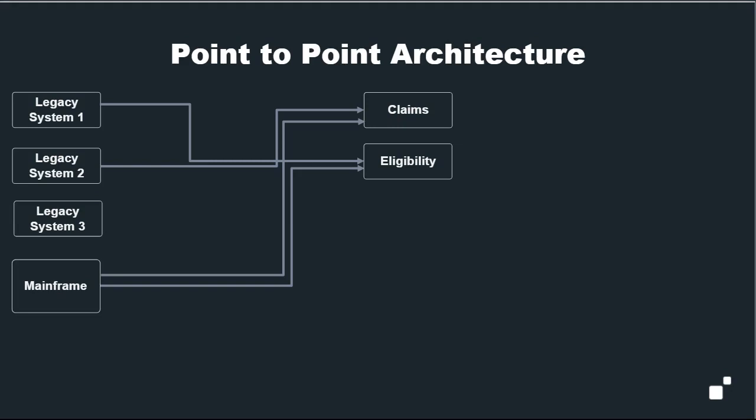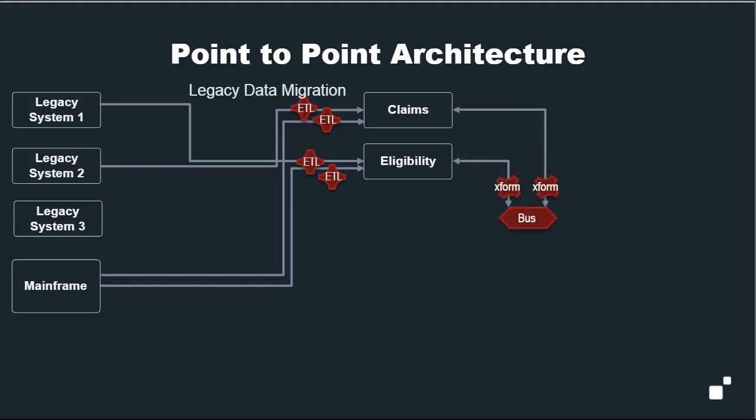Now, in a data world, our world that we're doing with a few people is focused on how the data moves to do this. So one way to go, and like I said, we don't recommend this, is to just ETL it from the old to the new until you build up enough new systems with enough ETL. Now, as soon as you have 2 of them, claims and eligibility here on the right, you have more transforms, because these 2 systems in the new world also have to communicate with each other.